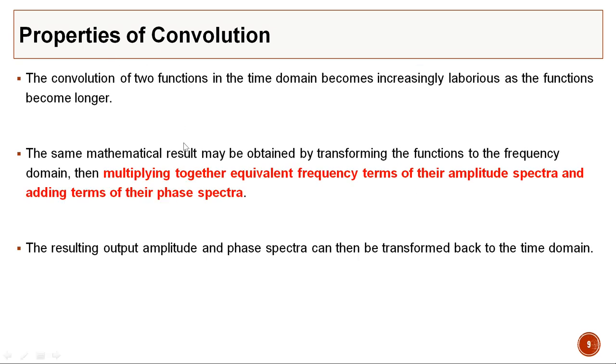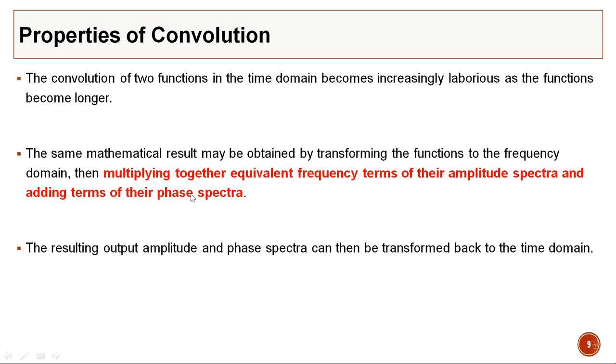Second property, this has been already discussed in the 1D Fourier transform lecture, but I will explain it again. So basically convolution of two functions in time domain becomes laborious as you increase the length of the function. So in order to avoid an increasingly laborious convolution process, we transform the functions to the frequency domain and then perform the convolution process there.